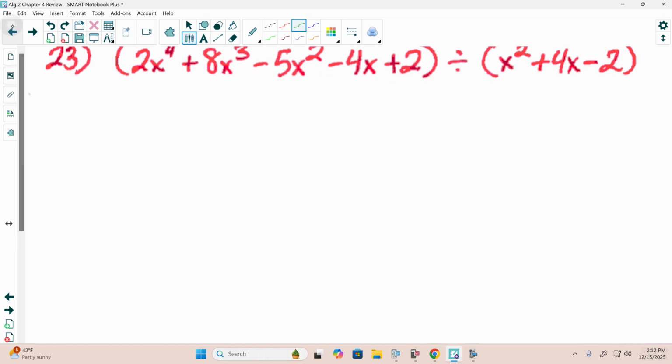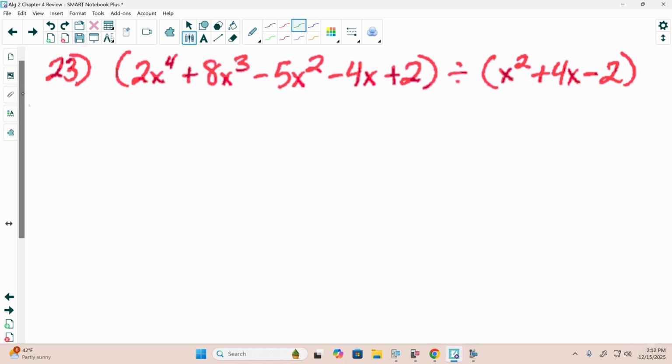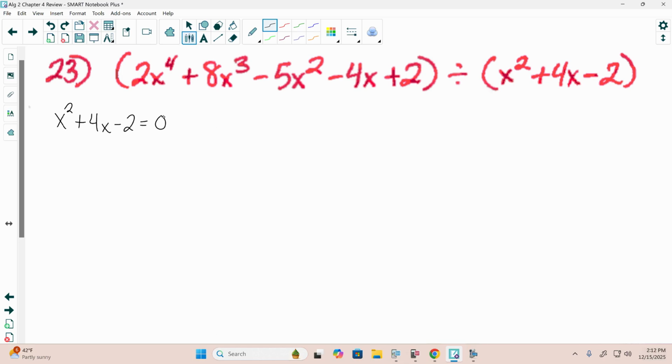Now, if you want to do one like 24 or 23 by synthetic division, I have a feeling y'all want to see this here. If we do a problem like this by synthetic division, we do have to get the x squared plus 4x minus 2, the x squared by itself.